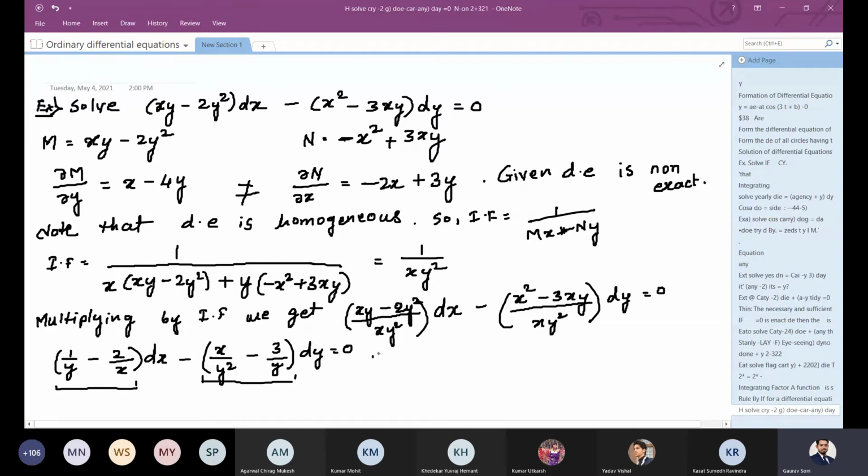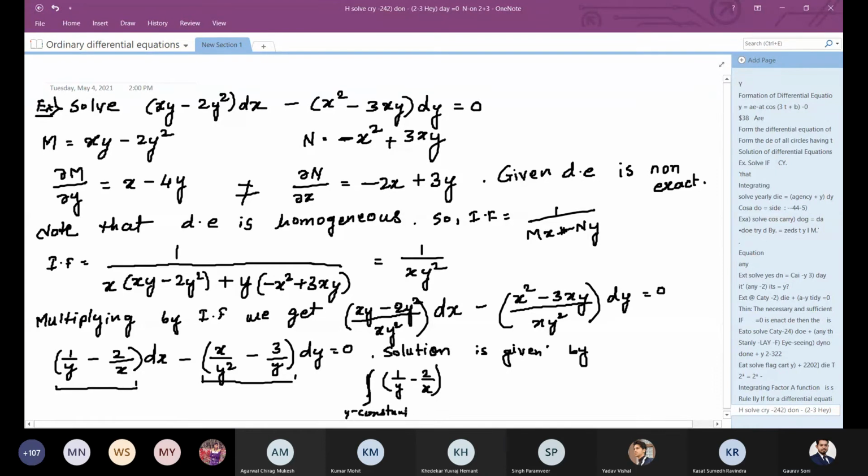So the solution is given by, what is the formula? Integration of M dx keeping y constant, plus integration of the terms of N free from x.